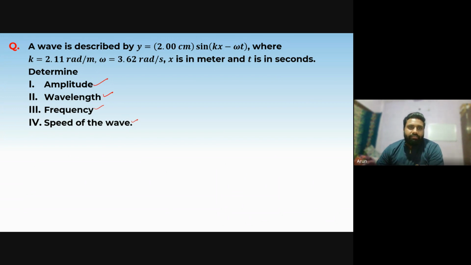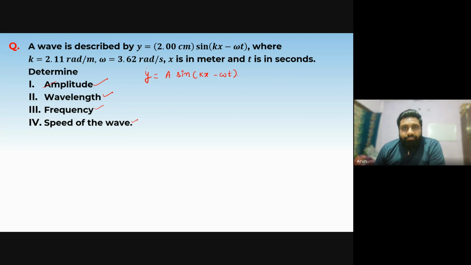I think the answers for amplitude and frequency can be directly obtained. Because we know the general equation of a wave is A sine kx minus omega t, that we have obtained also.